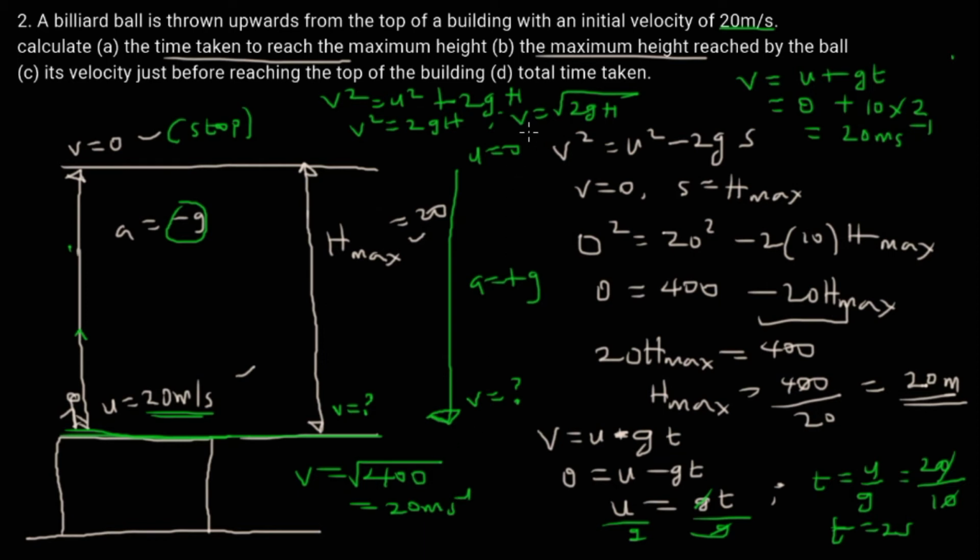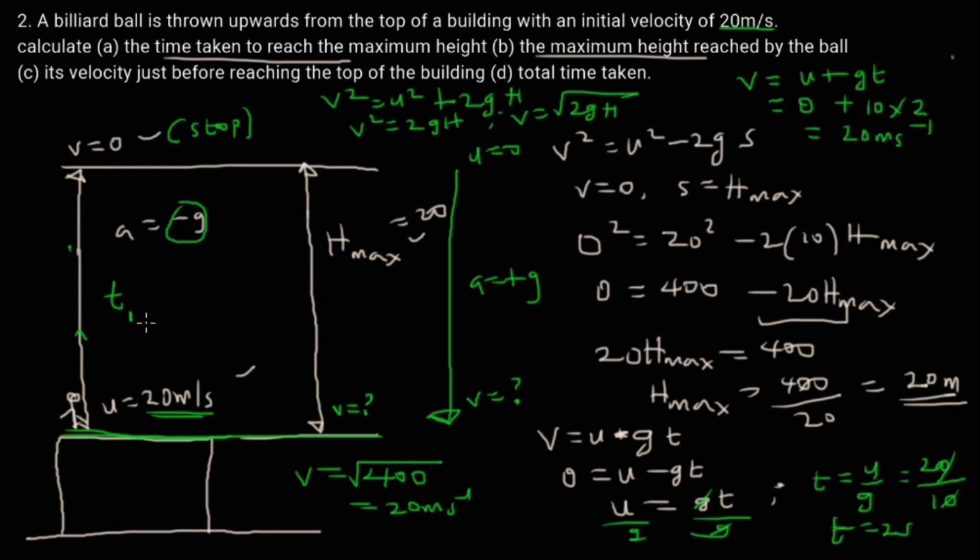Now to find the total time taken, notice that the total time taken is given by the sum of the time it takes to get to the maximum height and the time it takes to return to the point of throw, that is the top of the building.